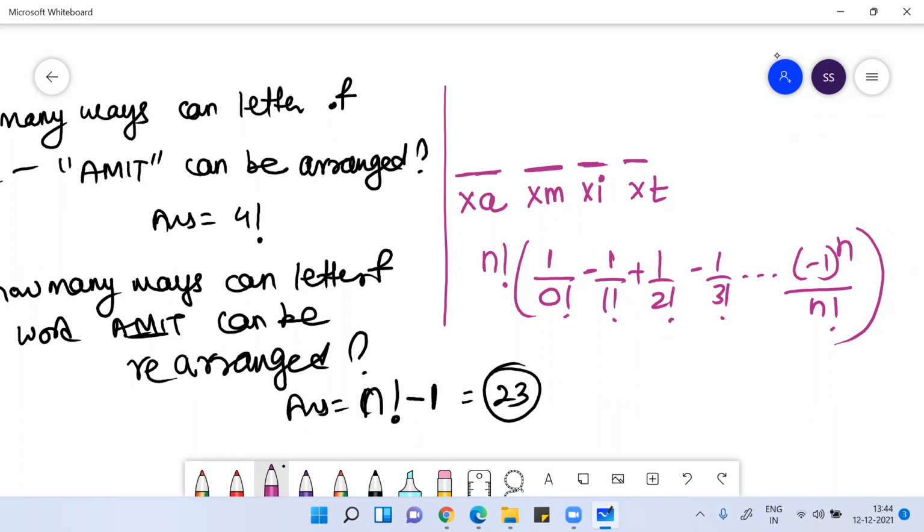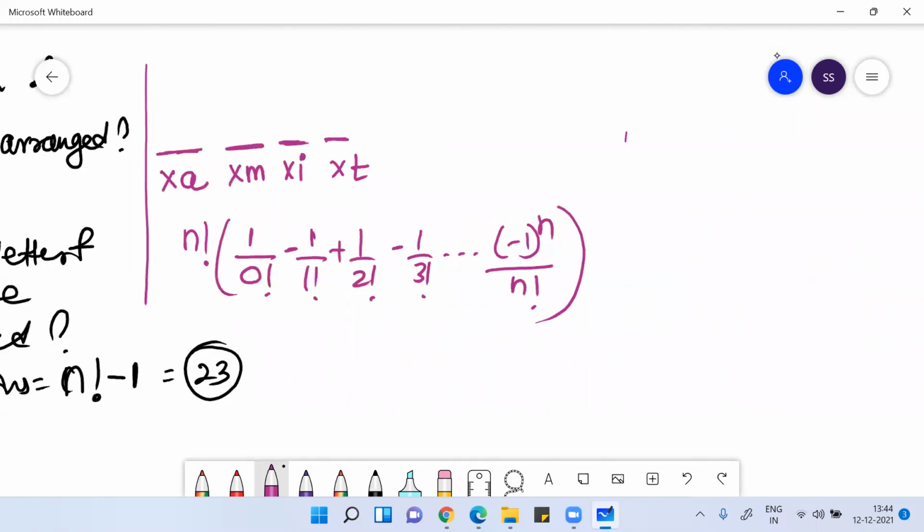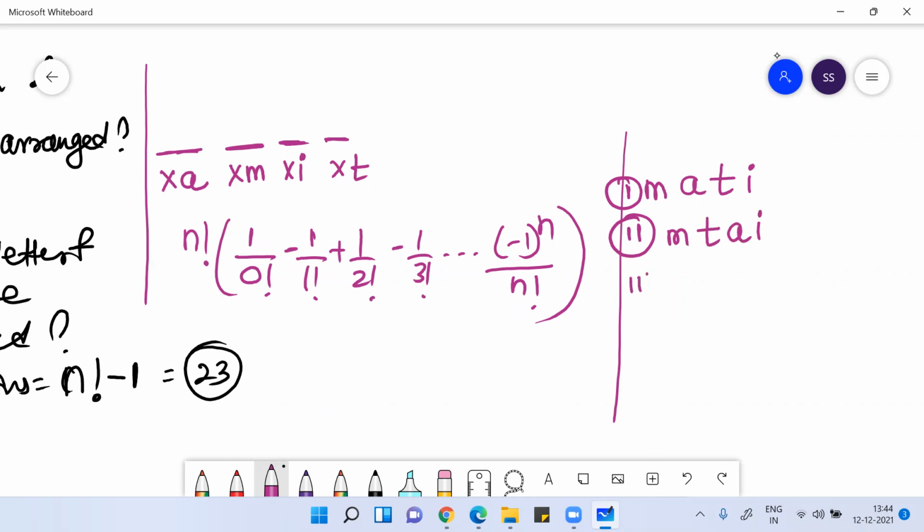So how many ways can I make it? I can make M A P I. Correct, this is one of the sequences. Another sequence can be what? I can make M T A I. Another sequence.